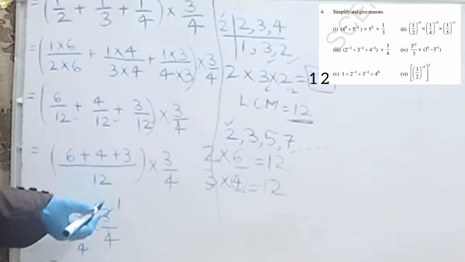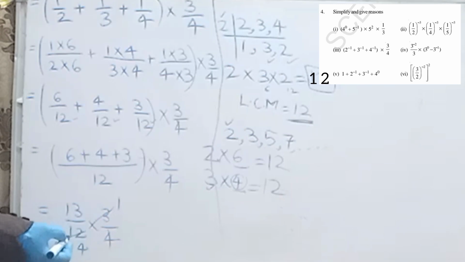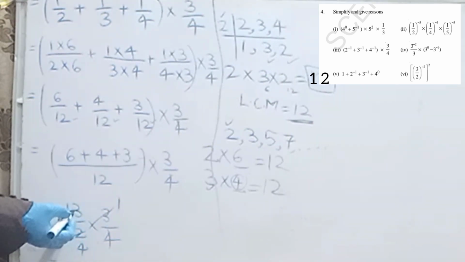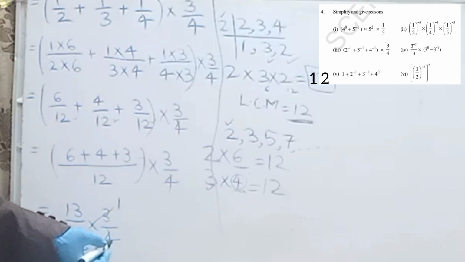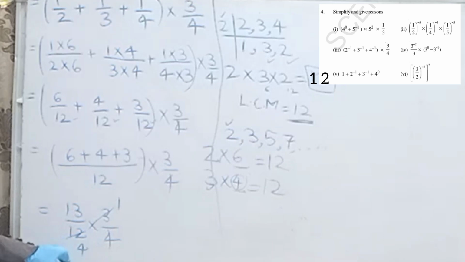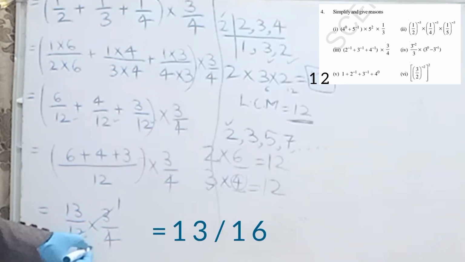If one is in the numerator and one is in the denominator, then we can cancel. Now we can't cancel. So we will multiply the numerator with numerator and denominator with denominator and write the answer. 13 1s are 13 by 4 4s are 16. This is the final answer.